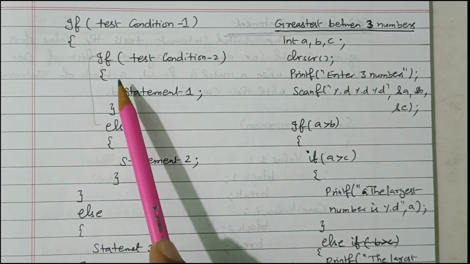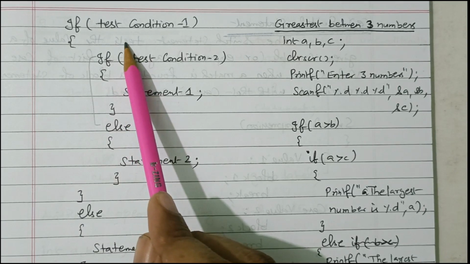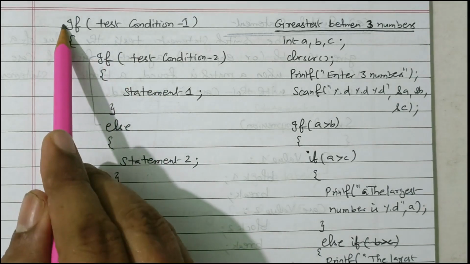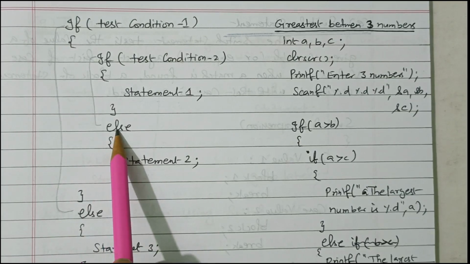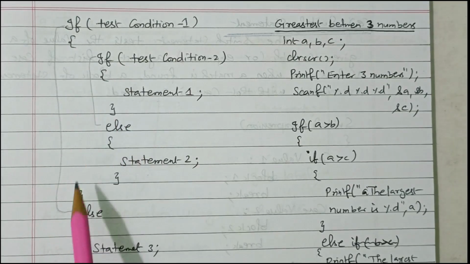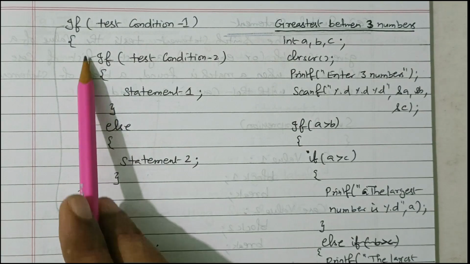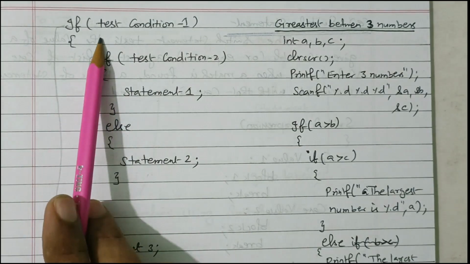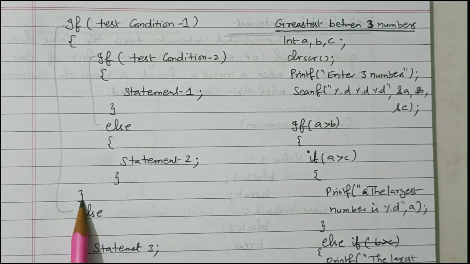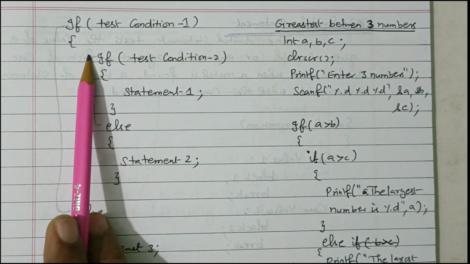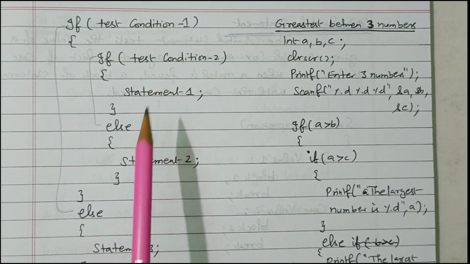Suppose the test condition 1 itself is false, then it will go to the else available in the outer if. This else is available for test condition 2, and this else is available for test condition 1. So this test condition 2 is available between the opening brace and closing brace of test condition 1. Within that we have one more test condition.